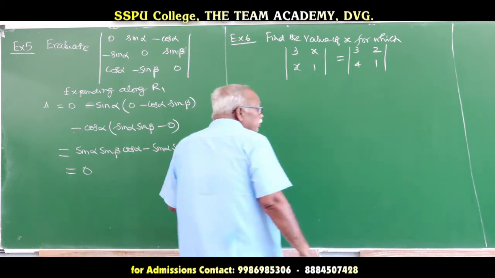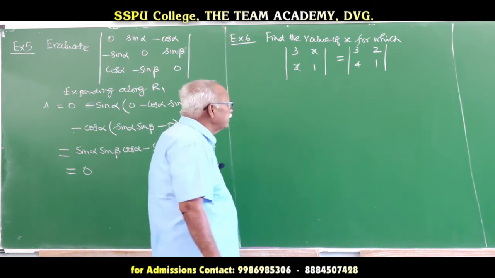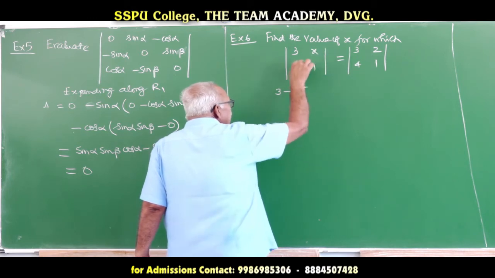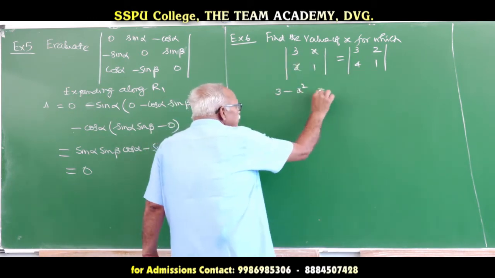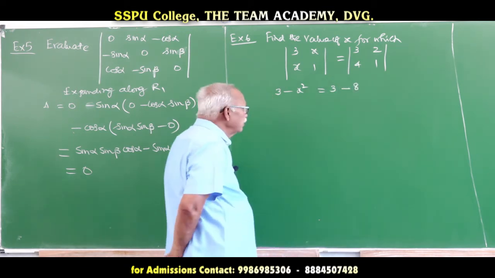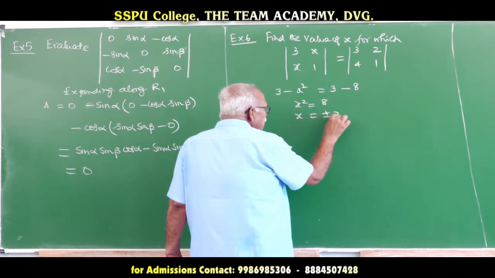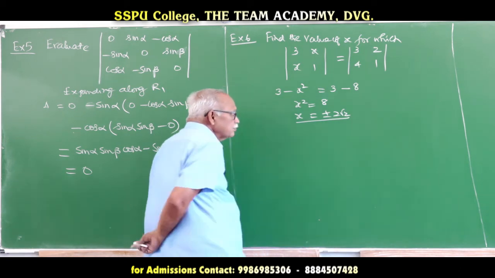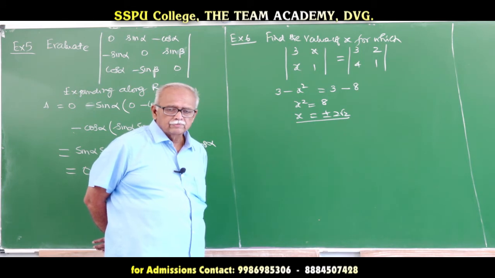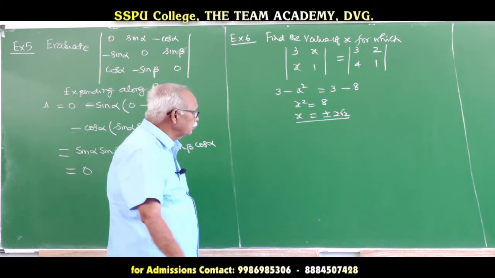Now what you have to do is find the value of this determinant LHS and RHS, and equate it. Then we get 3 minus x square is equal to 3 minus 8. So, here you get x square is equal to 8, or x is equal to plus or minus. Whenever square is there, we have to take plus or minus sign for the value of x. X is equal to plus or minus 2 root 2.